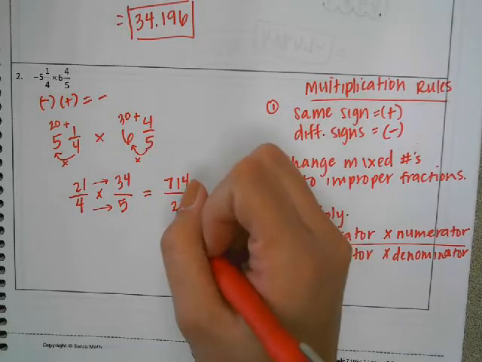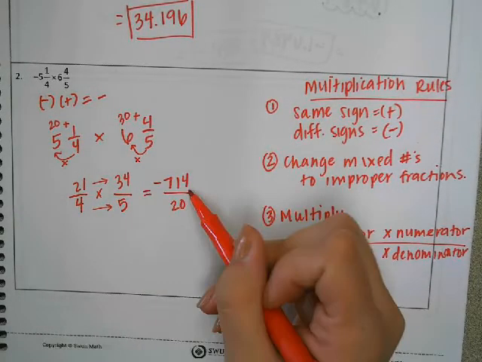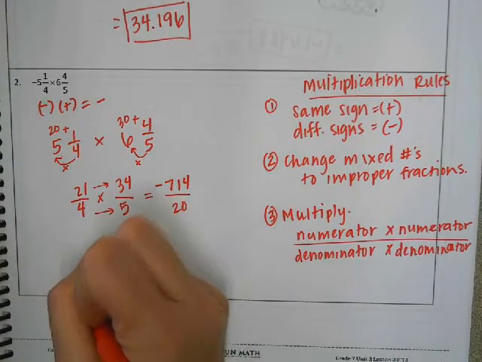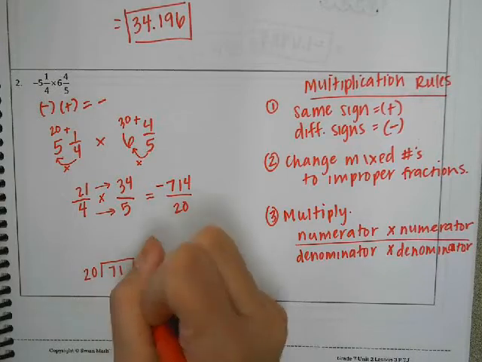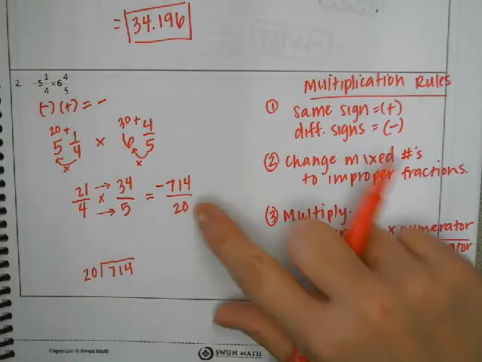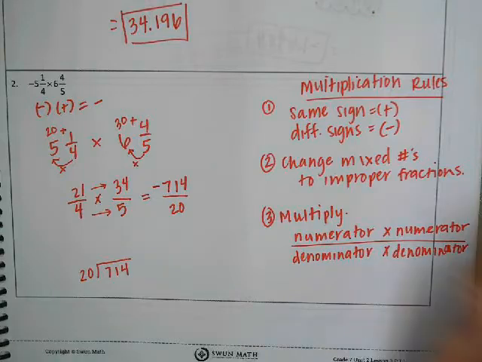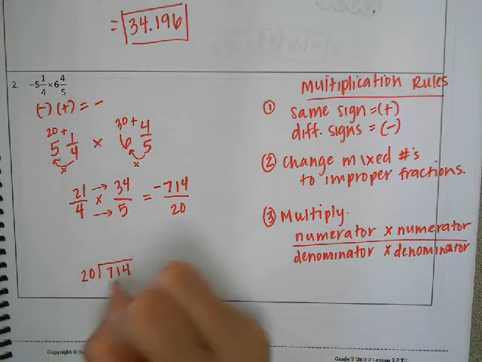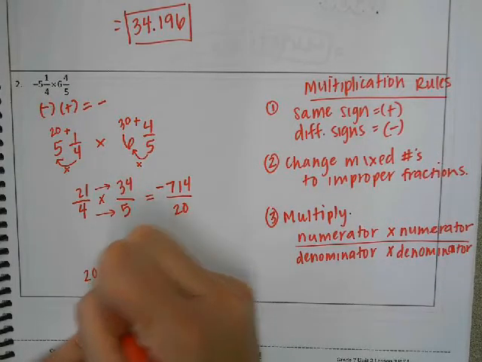So remember your answer needs to be a negative. You could leave it like this, or you can make it a mixed number and simplify 714 over 20. So take your denominator, divide that into your numerator. 20 goes into 71 3 times, 60.